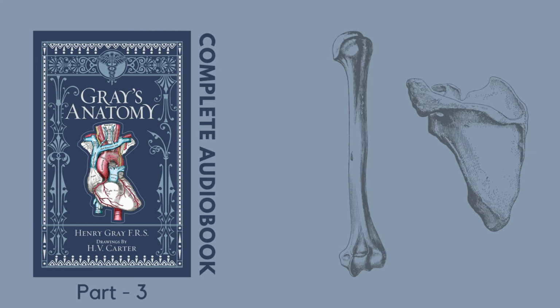In front of this is a longitudinal groove, which extends as far as the lower third of this border, and affords origin to part of the subscapularis. The inferior third is thin and sharp, and serves for the attachment of a few fibers of the teres major behind, and of the subscapularis in front.